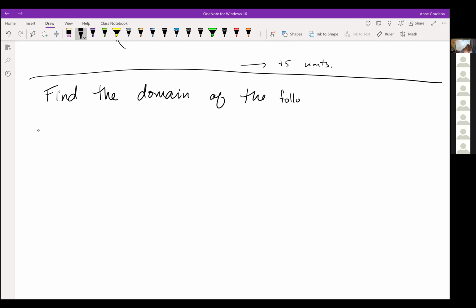A, we have f of x is equal to log base 4 of 3 minus x.